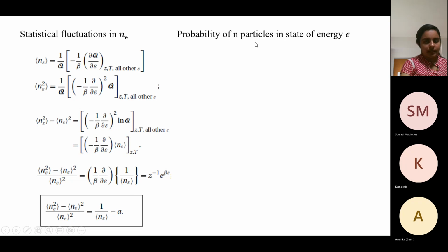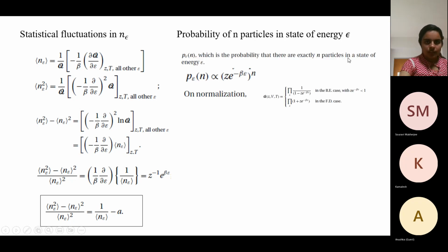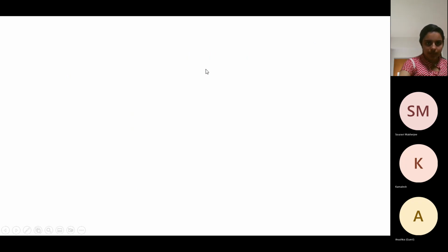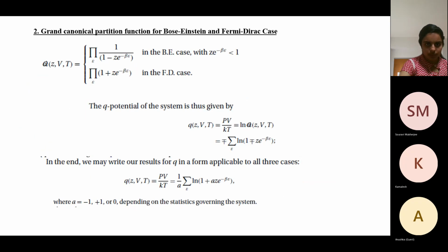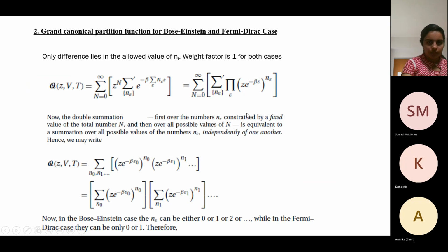Another thing is to find the probability of n particles in a state of energy epsilon, right? So if I look back at this expression here, this is the expression for the grand canonical partition function. So how does the probability of n particles being in some energy state depend?